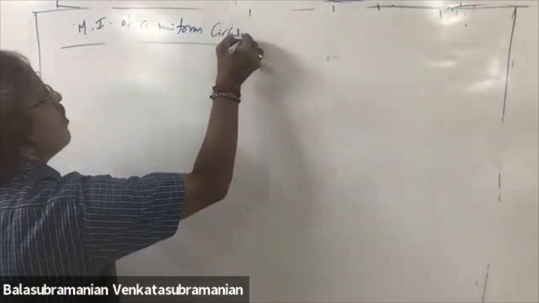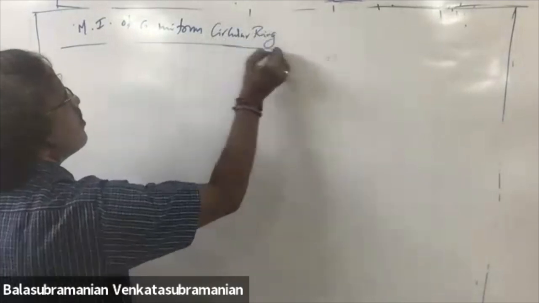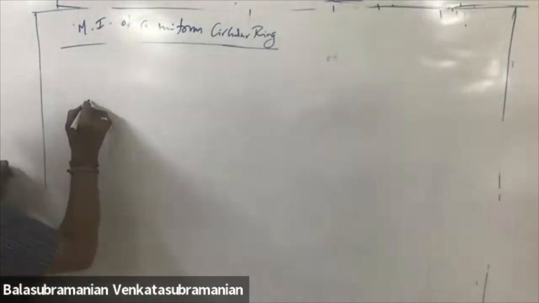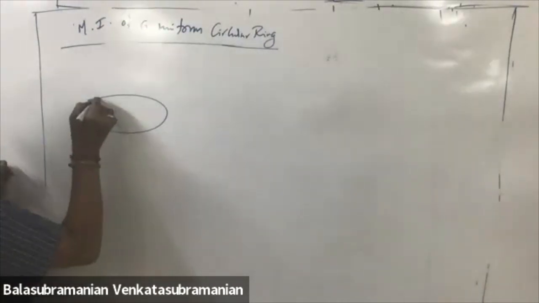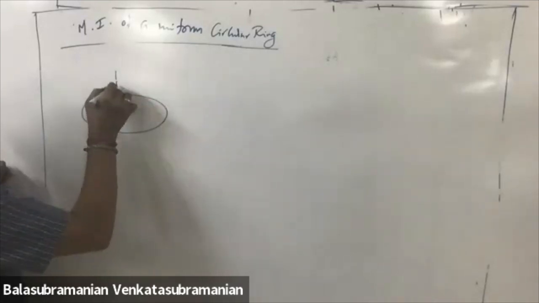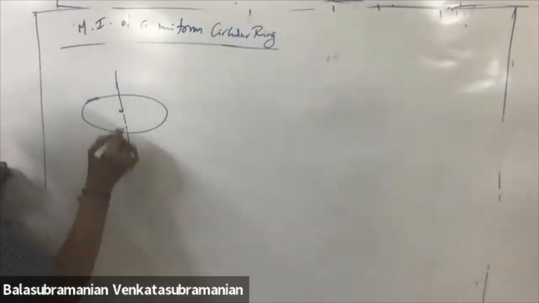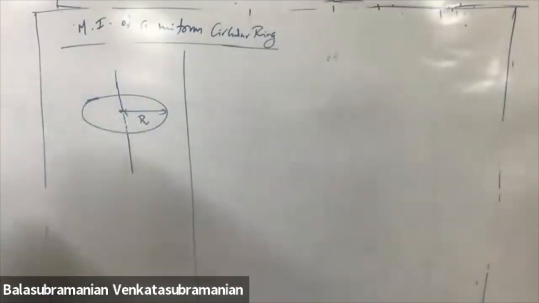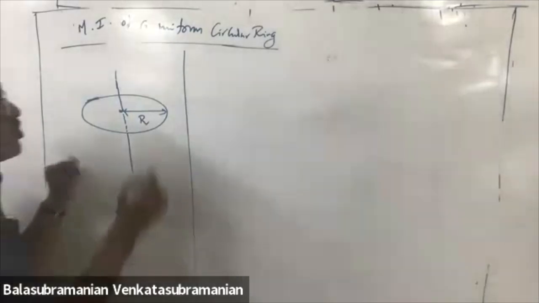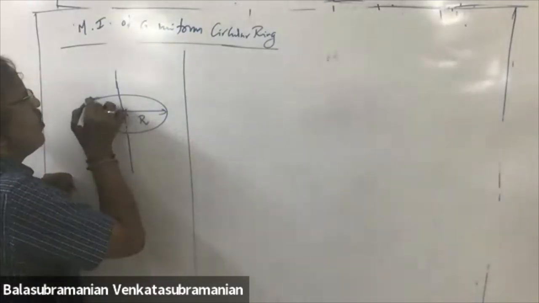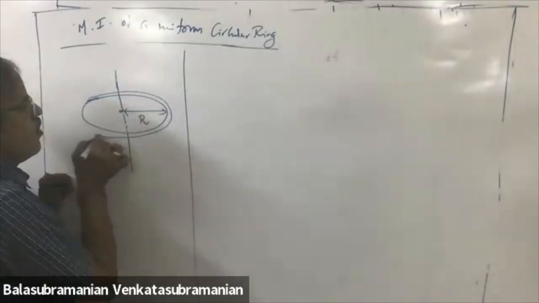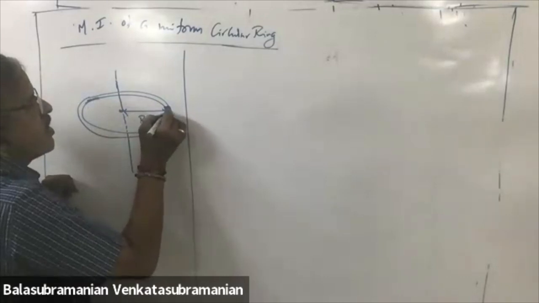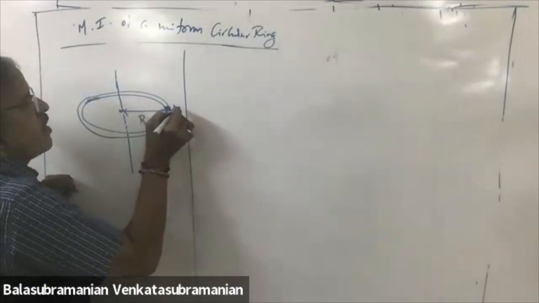Uniform ring, circular ring. This is a ring. This is the axis of rotation. Radius of the ring, you take it as capital R. As usual, a small portion we are considering here, dx.